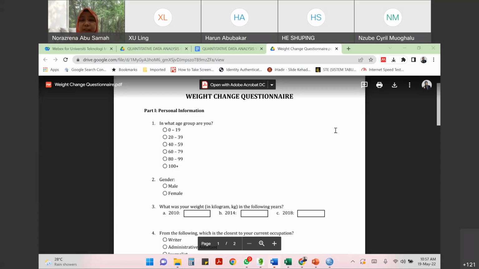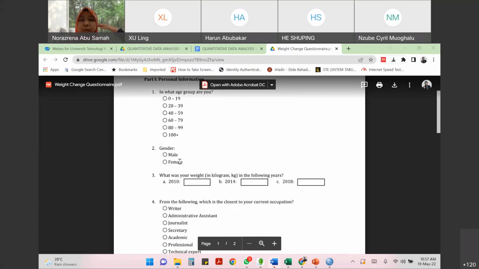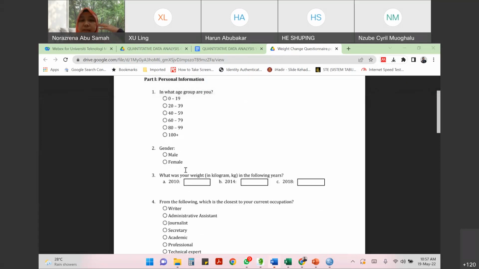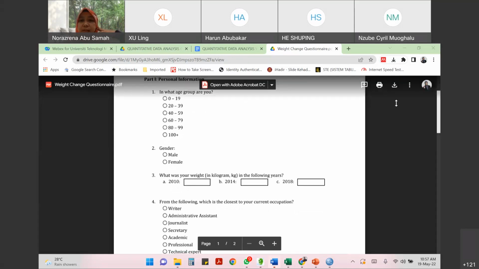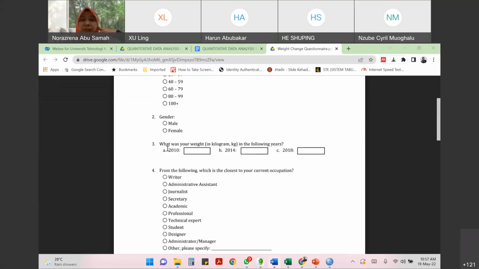Okay, and then gender, what do you think is the measurement scale for gender? Gender is nominal. Nominal, yes, correct. Yes, also correct from the chat. Thank you. Okay, and then weight in kilogram. So what? Nominal? Weight, your weight.